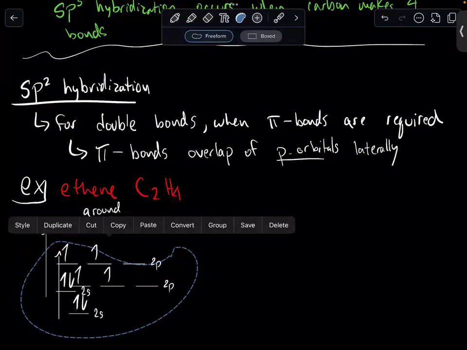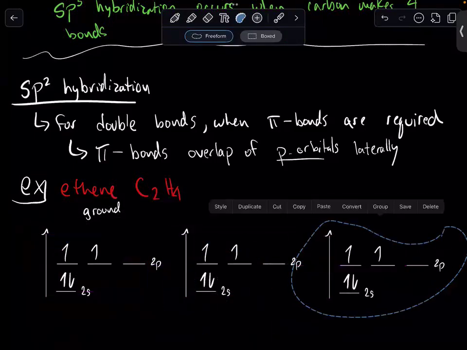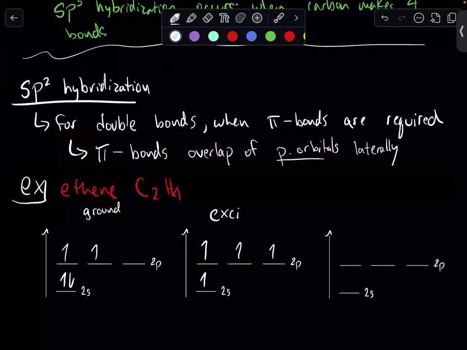Now, for bonding, we do need to excite those. I'm just going to preemptively make 3 of these, and also erase all my electrons. So when we get excited, we go up into the s and p excited state. But then here we get our hybrid orbitals.